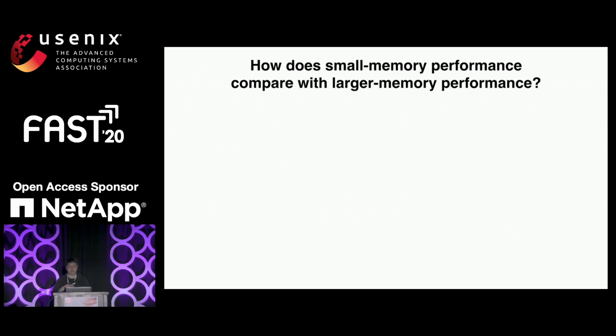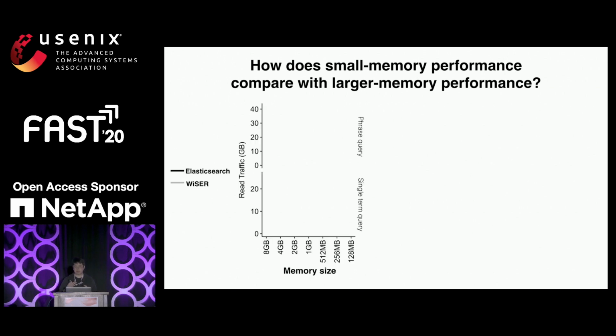Finally, let's look at how small memory performance compares with larger memory performance. To evaluate this, we change the memory size from large to small, from left to right on the x-axis. In this plot, the y-axis is the read traffic, and we have two workloads here. On the top is the phrase query, on the bottom is the single term query.